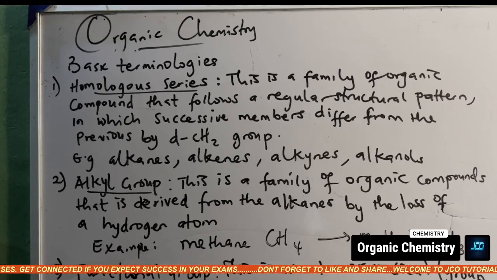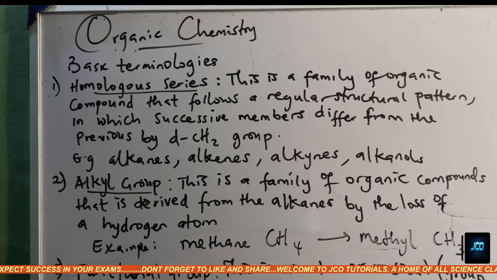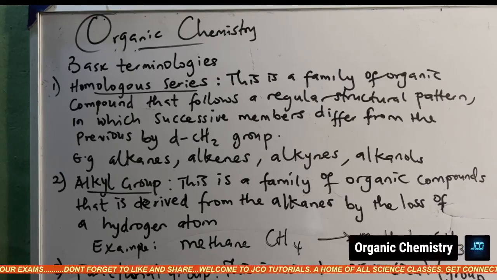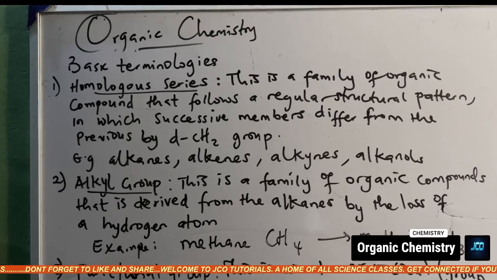So alkanes differ from alkenes by that. Hydrogen is going to be added or removed, depending on the situation, but 2 hydrogen will be the difference. Alkyl group, in this case, is going to be different from every other homologous series just by the loss of a hydrogen atom.